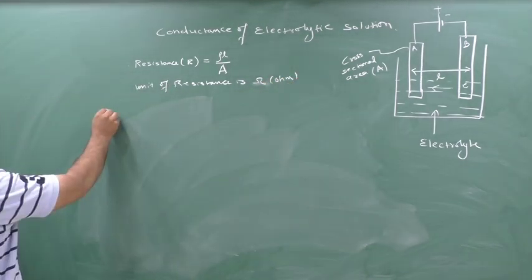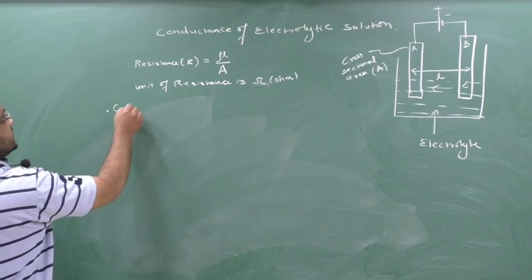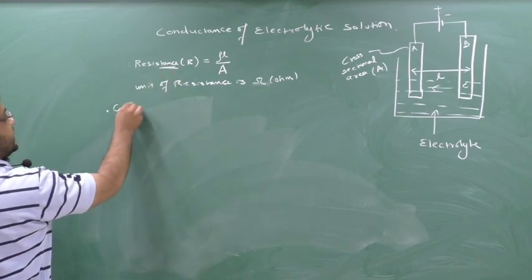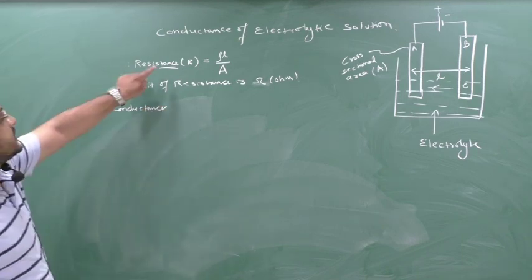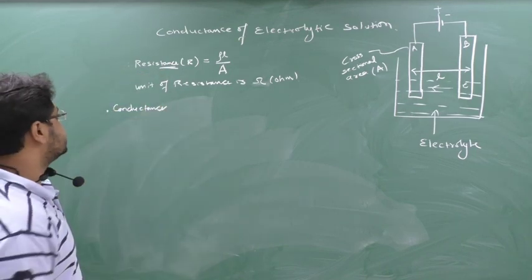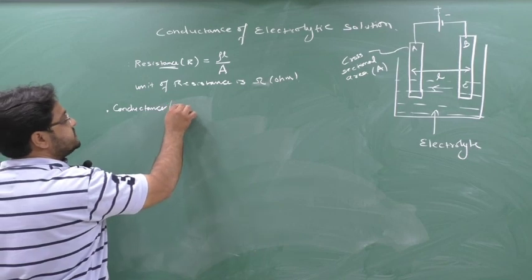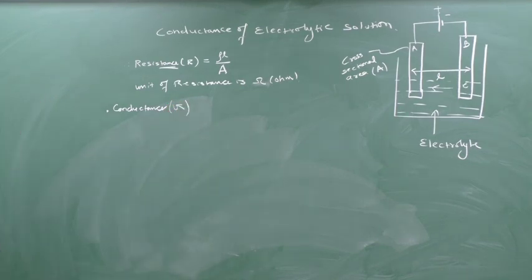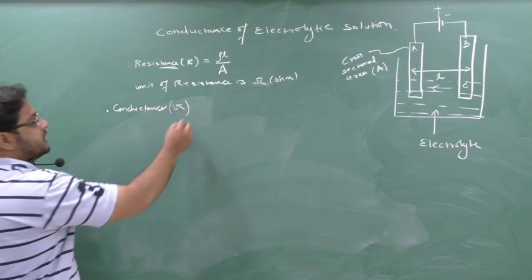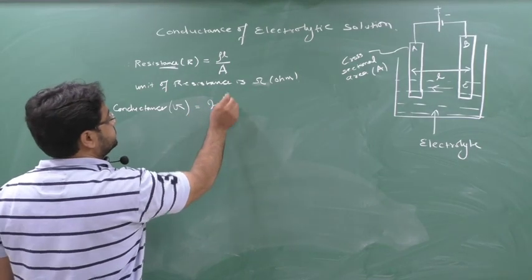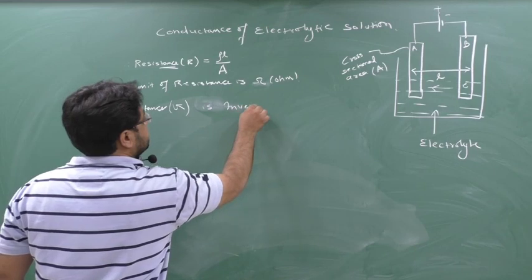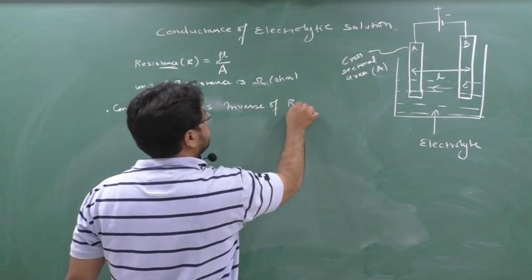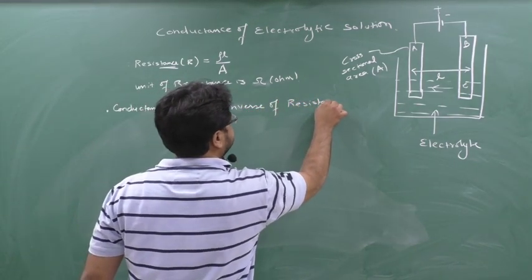Now the first word I am introducing to you is conductance. Here is resistance, and here is conductance. Please remember it in this way. Conductance is indicated as capital G. Conductance is the inverse of resistance.